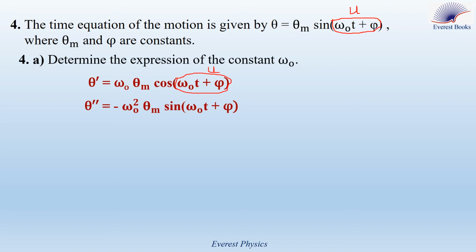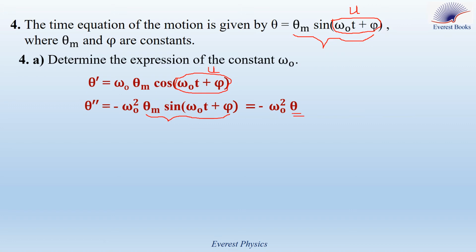Now, look at theta. It is equal to theta m sine omega 0 t plus phi. And here we have theta m sine omega 0 t plus phi. So we will replace this term by theta. This is going to be minus omega 0 squared theta.